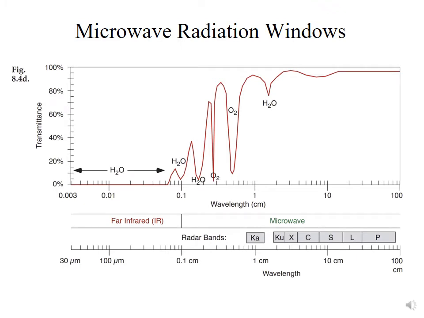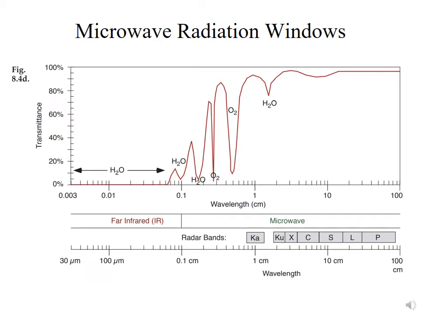So if we look at microwave radiation, now we're looking at wavelengths in terms of centimeters. The transmittance for the atmosphere above 1 centimeter is very high, but there are specific absorption bands, primarily by water and diatomic oxygen. And down at the bottom, you'll see we have radar bands.